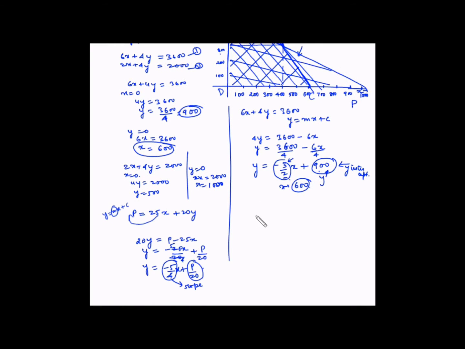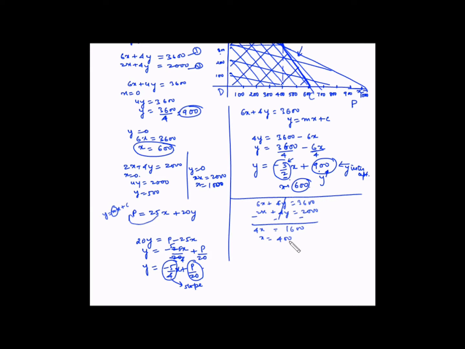So the two equations we have are 6x plus 4y is equal to 3600 and 2x plus 4y is equal to 2000. So if we do subtraction, we get 4x is equal to 1600, or x is equal to 400.